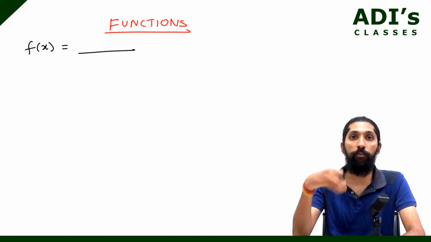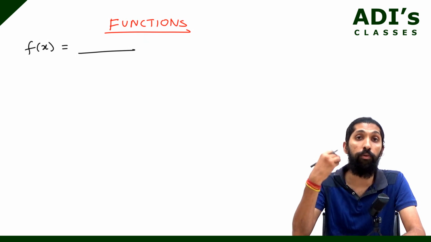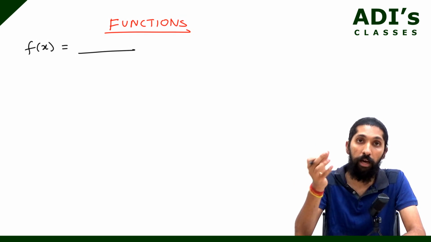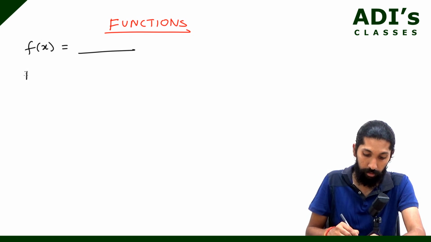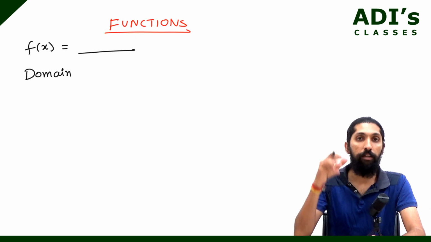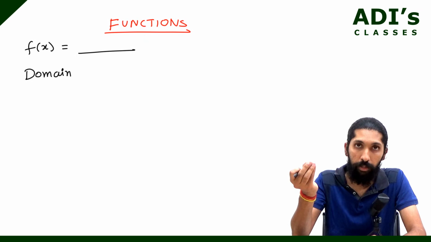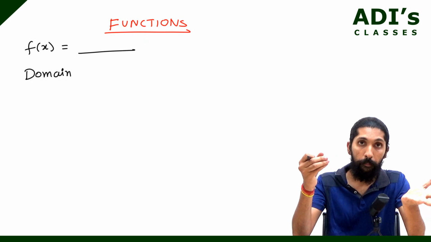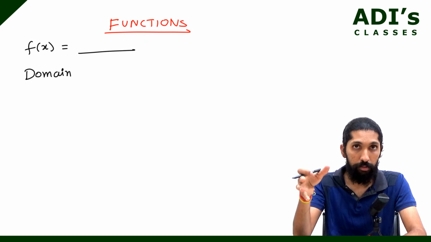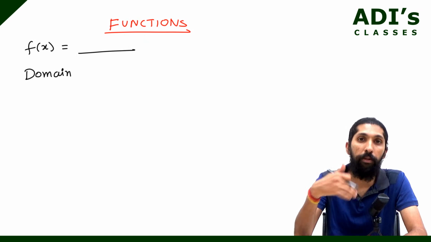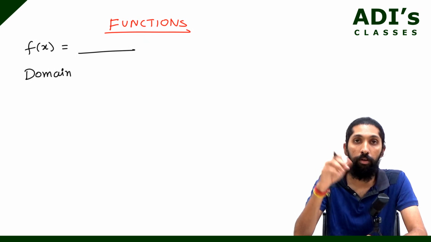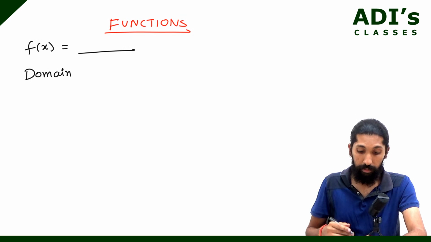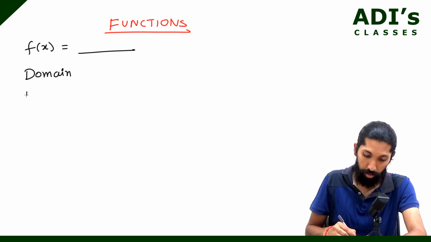Whatever the input values you're going to substitute, we have a set of numbers, and that set of numbers is what we call the domain. If you input a value, you get an output, and those set of numbers you get after applying the value of x is basically the range.